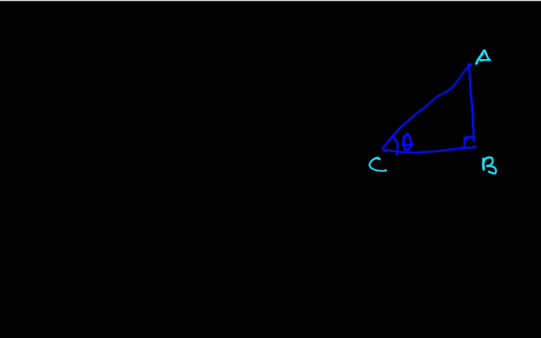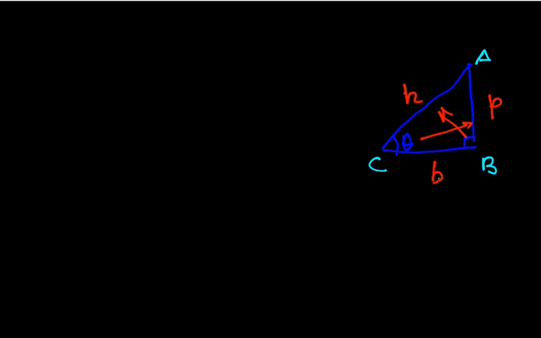Now for this theta, the hypotenuse is simply the longest side, opposite to the right angle, so this is the hypotenuse H. For this theta, the opposite is going to be perpendicular and this is going to be the base.